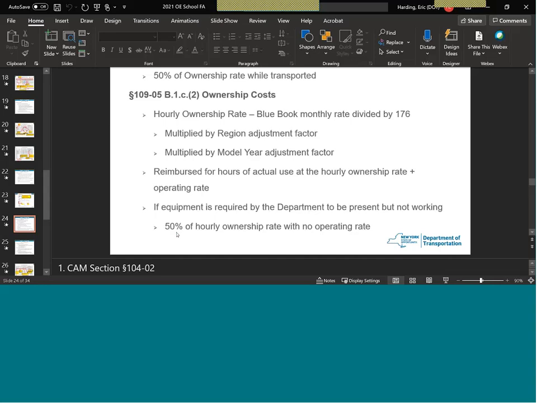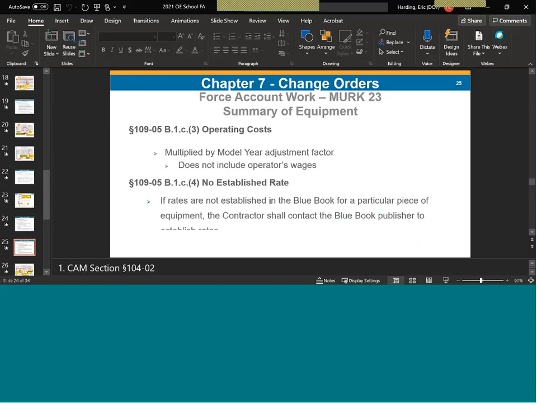That's your adjusted monthly ownership rate with no operating cost. It's just sitting there, standby, ready to be used. Say we know there's a storm coming, we've got to culvert it, we've got to keep dry. We'll pay the hours at 50% of the ownership cost.